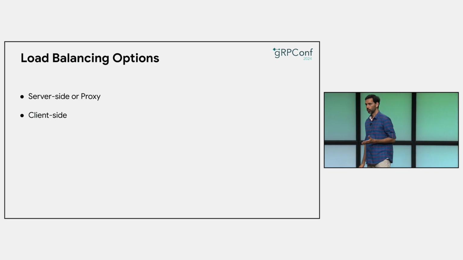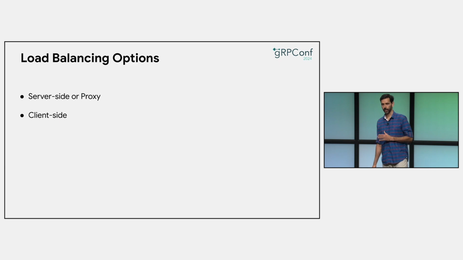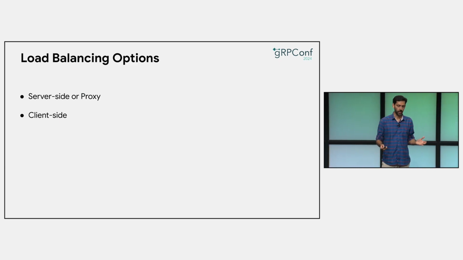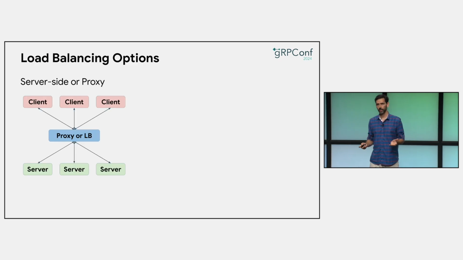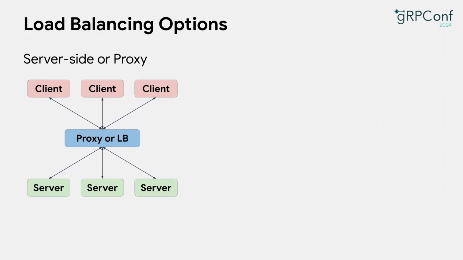So we have two options for load balancing at a very high level, and applications have to make this architectural choice. So it's either server-side or proxy-based load balancing or client-side. So with server-side load balancing, you have your clients talking to a proxy, and the proxy talks to a bunch of server backends.